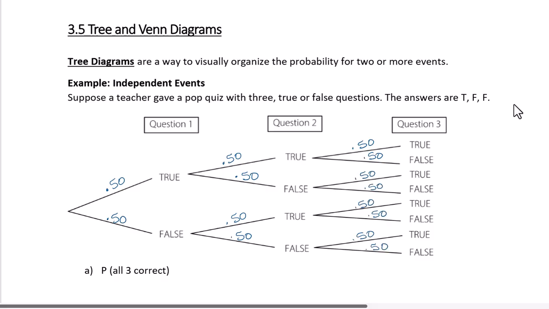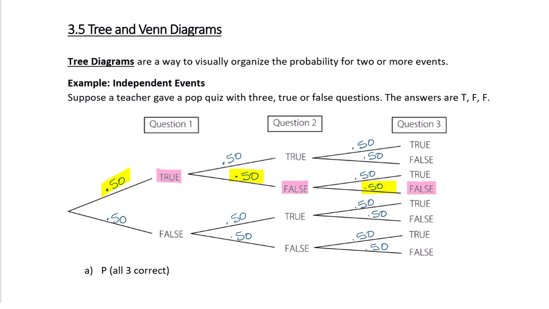Now let's answer some questions. The first question is, what is the probability that all 3 are correct? Well, remember, the correct answers were true, false, and false. So we have a 50% chance of choosing the correct answer. Then we have another 50% chance of choosing the correct answer since there's only 2 options, and another 50%.